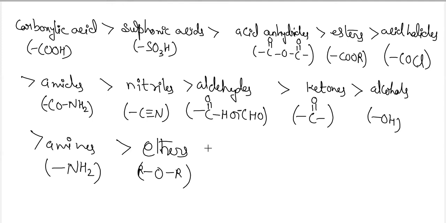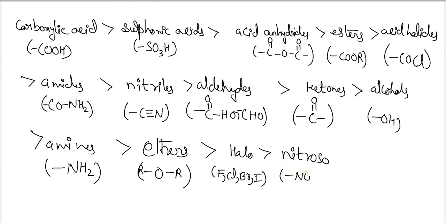Okay, and all the remaining groups such as the halo groups, fluoro, chloro, bromo, iodo, then the nitroso, NO, then the nitro groups, that is NO2. Then the alkoxy groups, that is OR.